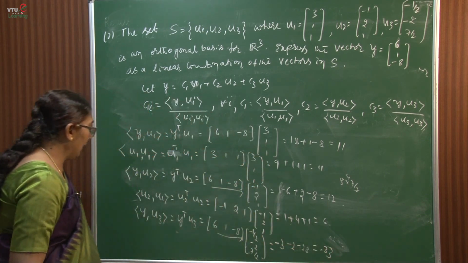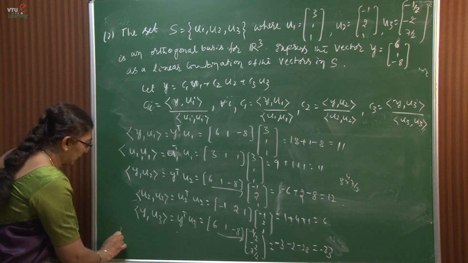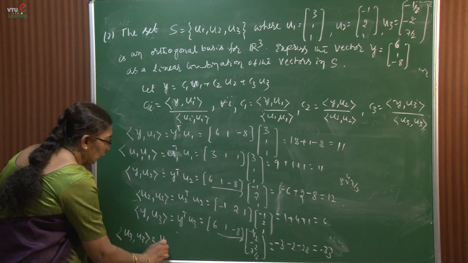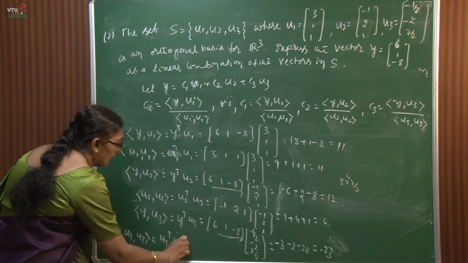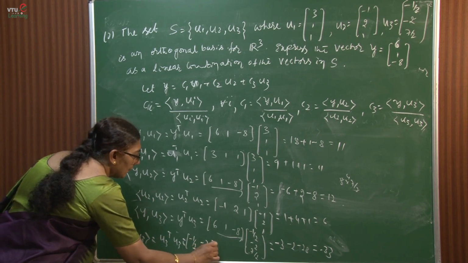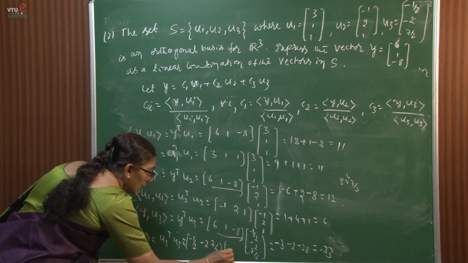Similarly, I have to calculate the inner product of U3 comma U3, which is U3 transpose times U3. U3 is (minus 1/2, minus 2, 7/2), times the same thing.